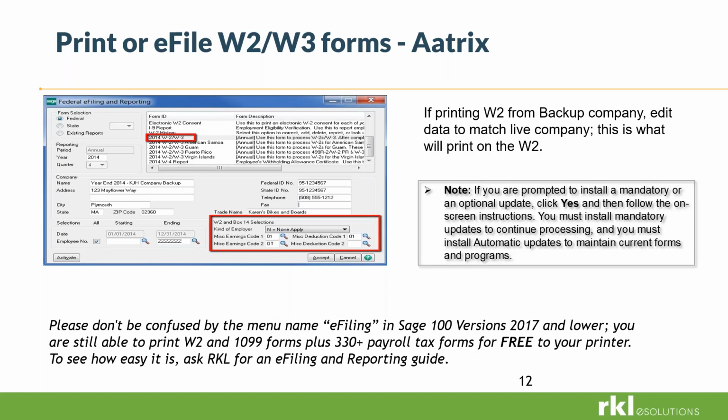If you're on version 2017 or lower, that means that you can load the 2019 tax table updates, process your first payroll for 2019, then print your W-2s from a backup, but first go into tax table maintenance and change the FICA limit back to what it was for 2018. And if you need help with this, we'd be happy to walk you through that.